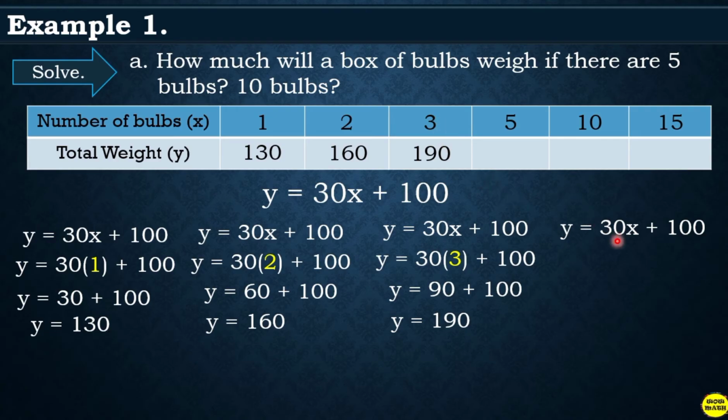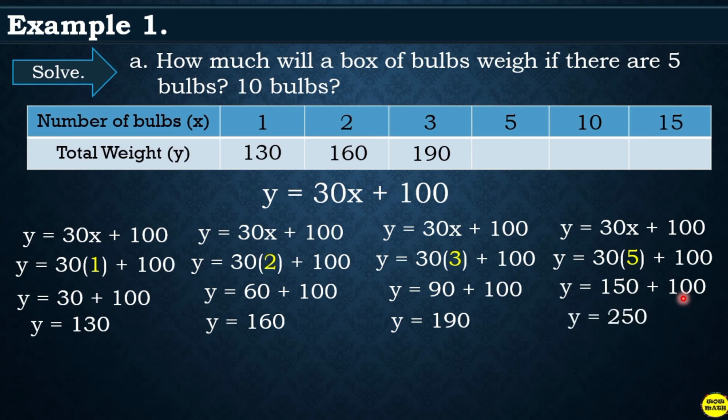Next. So, ito naman. Ito yung tinatanong. What if there are 5 bulbs? So, ito na po. So, 30, ang isa-substitute natin ngayon sa x is 5. So, 30 times 5, that is 150. Plus 100. So, we have 250 grams. Okay? So, how much will a box of bulbs weigh if there are 5 bulbs?